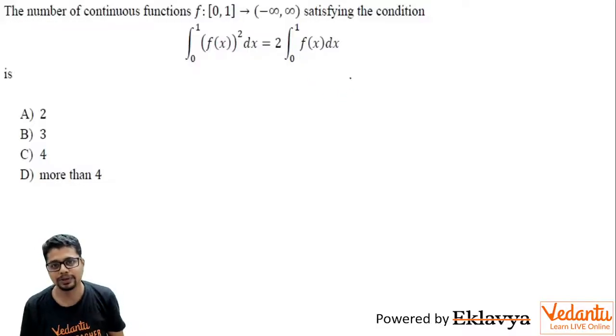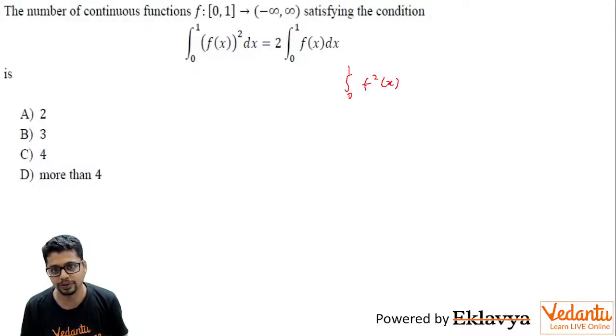Let's explore it mathematically. So here I can take the right hand side to the left hand side, and given that they have the same limits 0 to 1, I can club them like this.